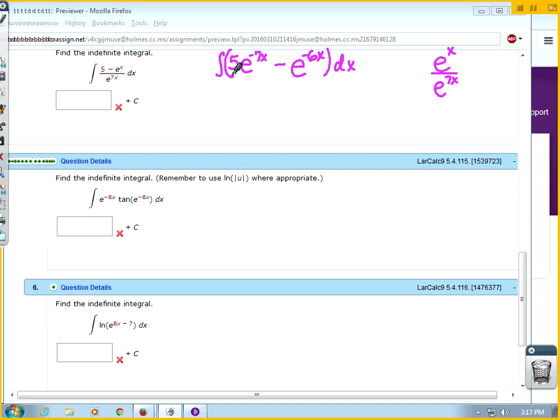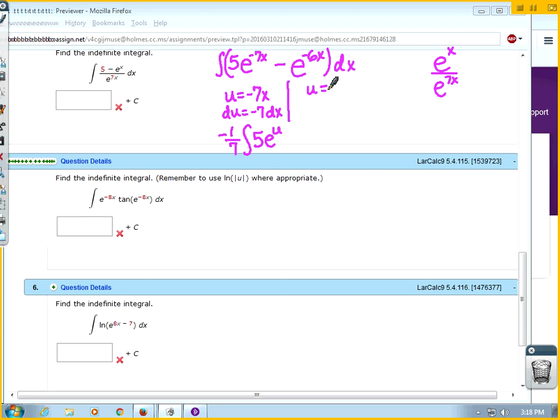All right, so u substitution, our first term would be u equals negative 7x. So du is negative 7 dx. So we need a negative 1/7, and then it just becomes the integral of 5e to the u. We could pull that 5 out to the front as well, either way.